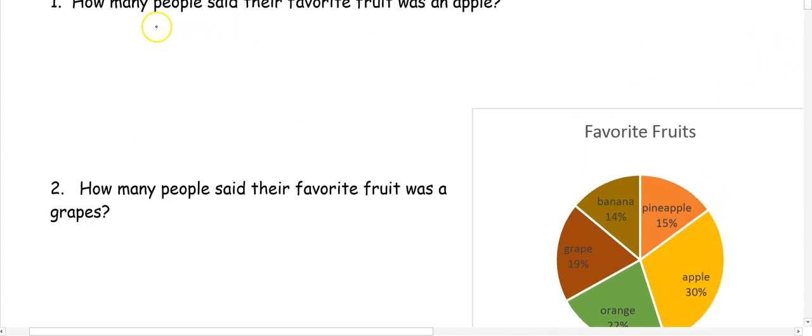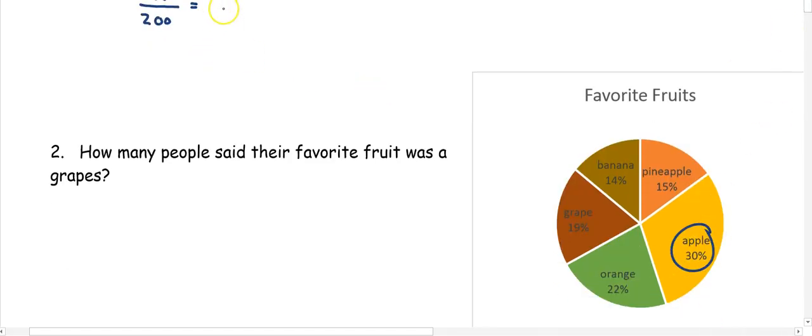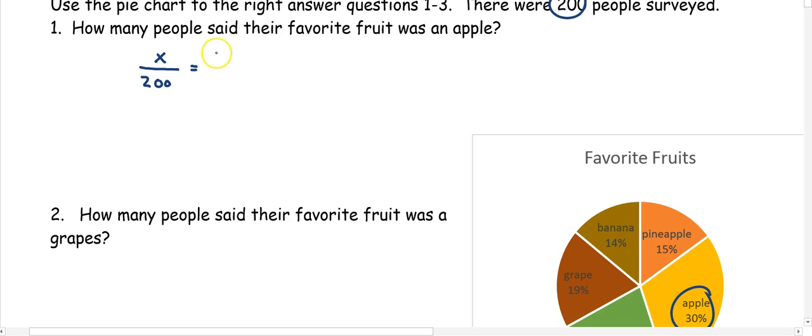So we're going to have the people that voted apple, which is x, what we're looking for, over 200, because remember there were 200 people that took the survey, equals the percent, so we said that 30% like apples, over 100. Remember that percentage is always out of 100. To solve for x, this is a proportion, so all we're going to do is cross multiply.